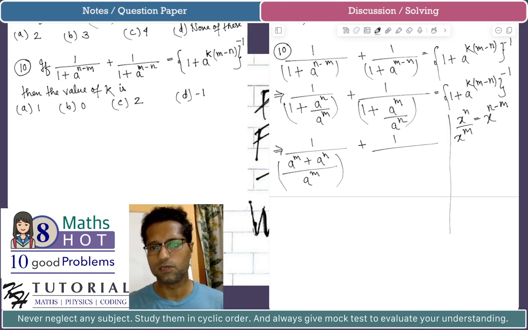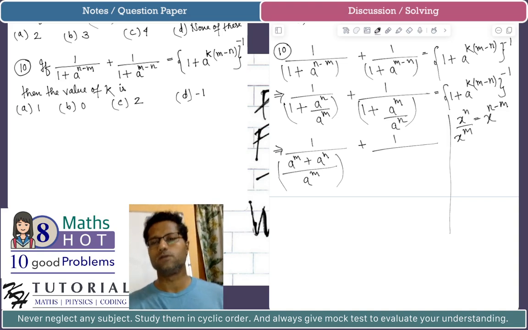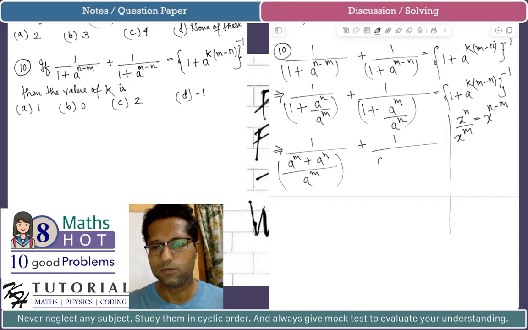If you do this simplification, do the addition of these two rational terms, you will have a to the power n plus a to the power m divided by a to the power n.